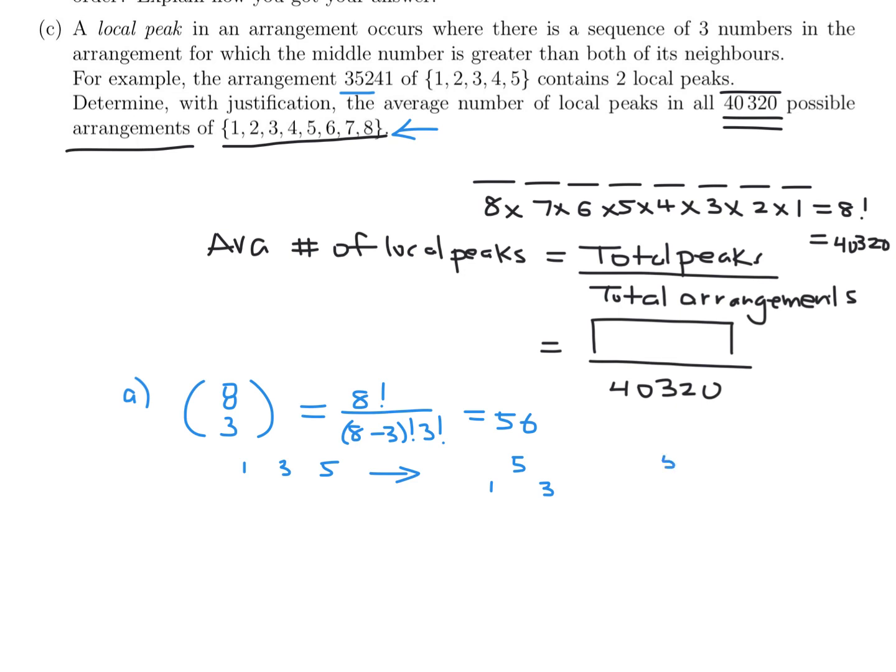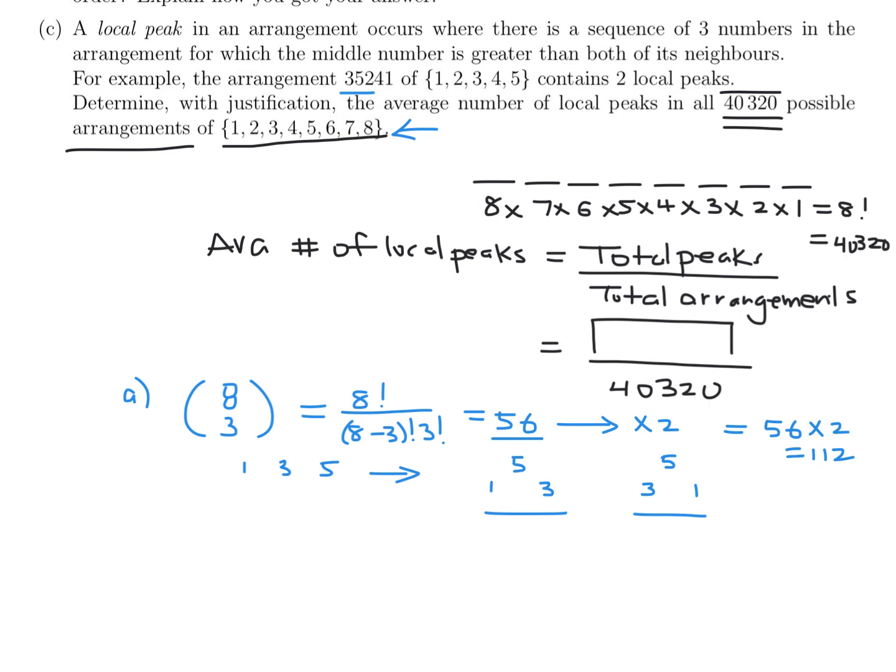But we can also write 5, 3, 1 like that. So for each of these 56, there's going to be actually 2 arrangements. 1 arrangement, 2 arrangements. So 56 times 2 is the total number, and that's 112. Right? That's the total number of scenarios in terms of the number of peaks.